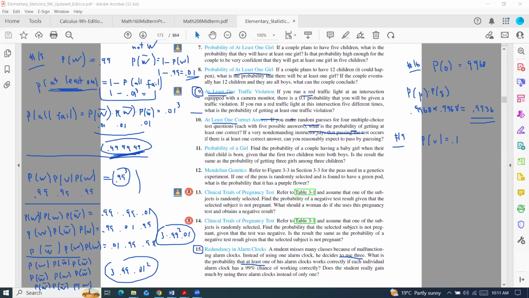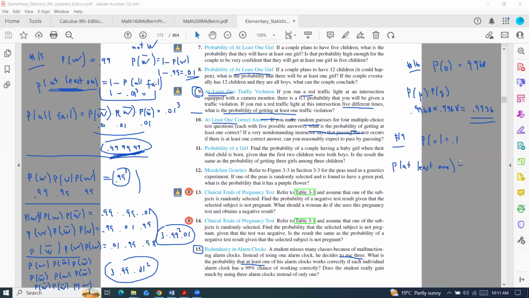Well, what if you do it 5 times? What will the chances be if you do it 5 times? The question is the probability of getting at least one. Remember, just like with alarm clocks, at least one means it could be one, could be two, could be three, could be all of them, right? But at least one, that's what they care about right now.